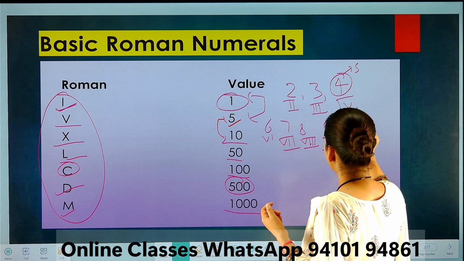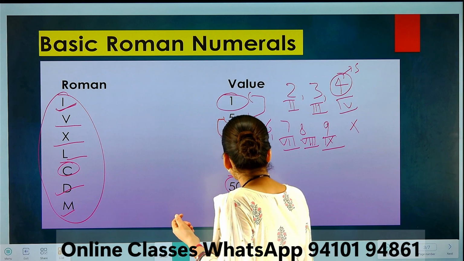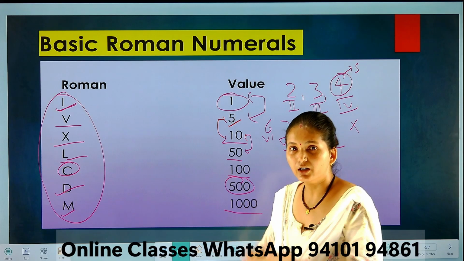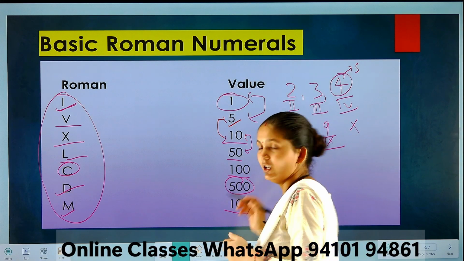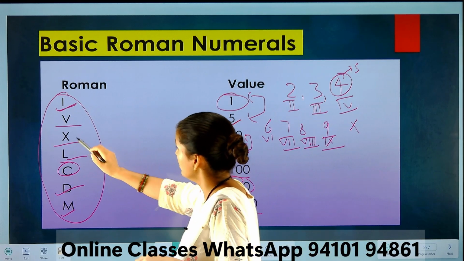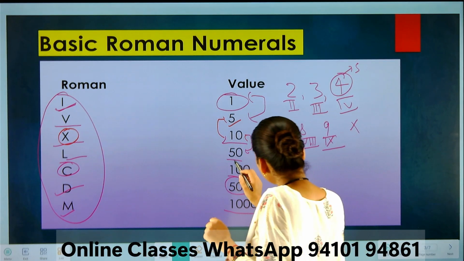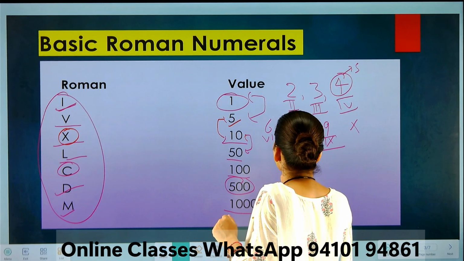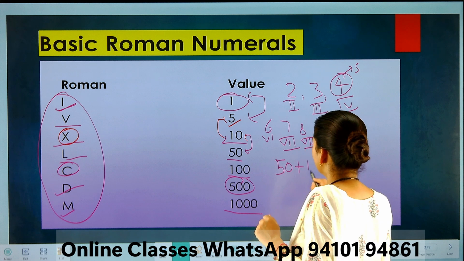10 is X here. Now look here, 50. In between 10 and 50, how many numbers are there? 20, 30, 40, then 50. So 10, 20, we can write double X because the repetition rule allows X 3 times. 50 plus 10 is 60.